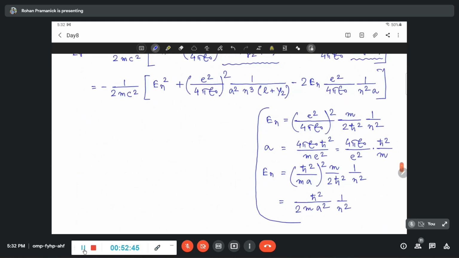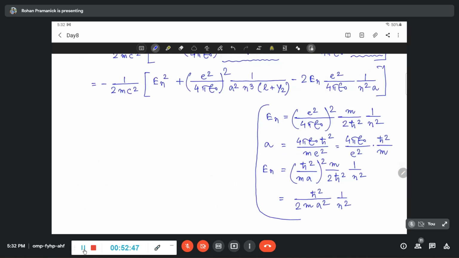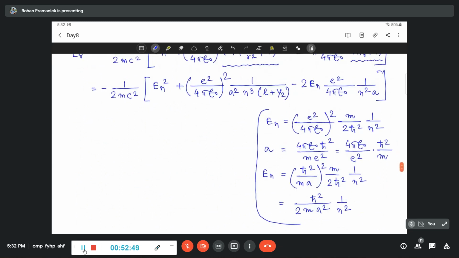So now what we have to do? Wherever we get h cut squared and all this kind of things, we have to substitute it. So let's do it line by line.